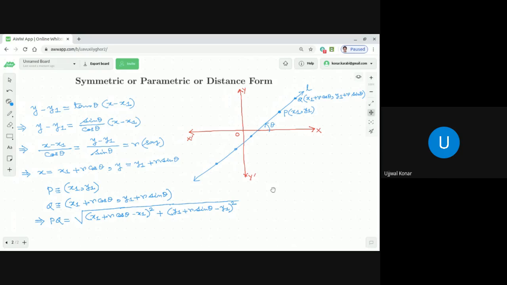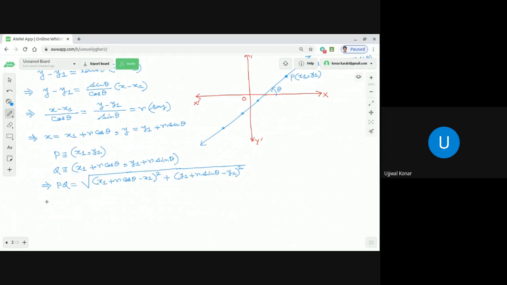So from here, what do we get, dear students? PQ is equal to square root of r square cos square theta plus r square sin square theta, because x1 gets cancelled, y1 gets cancelled. So r square into cos square theta plus sin square theta.